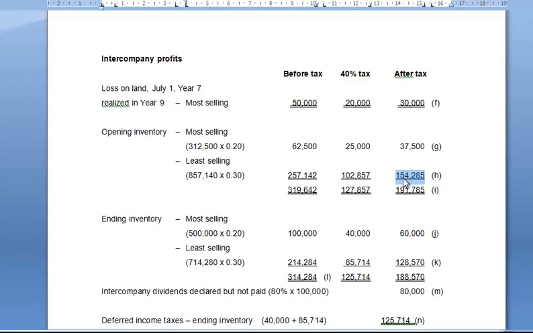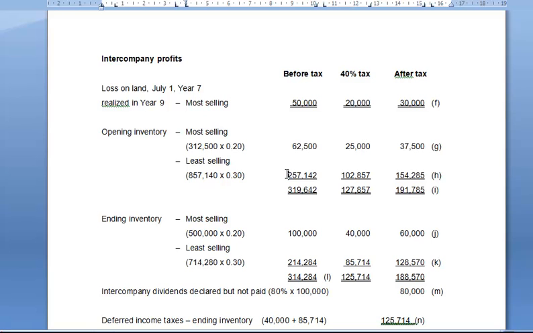Our income, but also our retained earnings, right? So what does this mean? Again, because it's an adjustment to opening inventory, which is the beginning inventory of year 9, which is the same as the ending inventory for year 8, this means that this amount here would be taken into income before tax in year 9. Why? Because this is intercompany profit that's sitting in opening inventory for year 9. But by the time we get to the end of year 9, which is the year for which we're doing statements, all right, that inventory would have been sold.